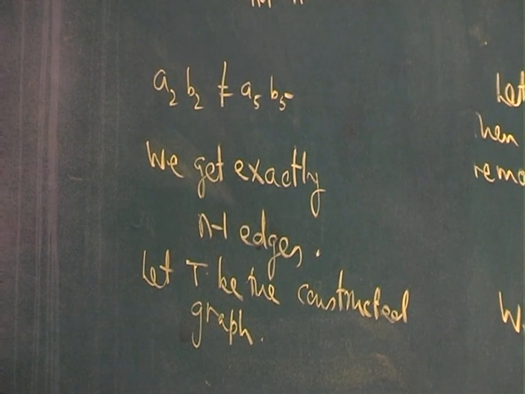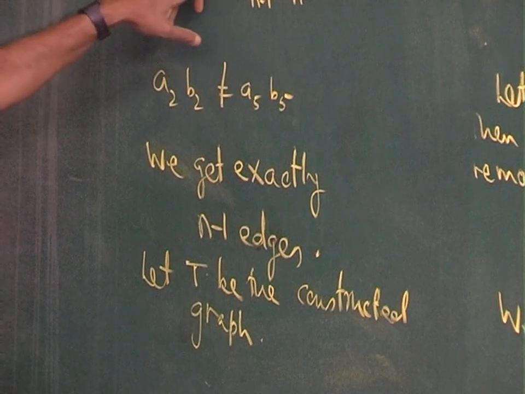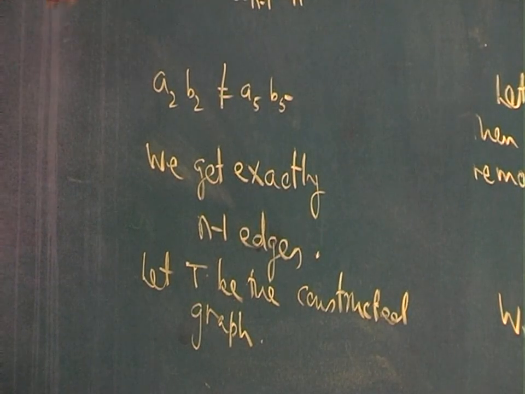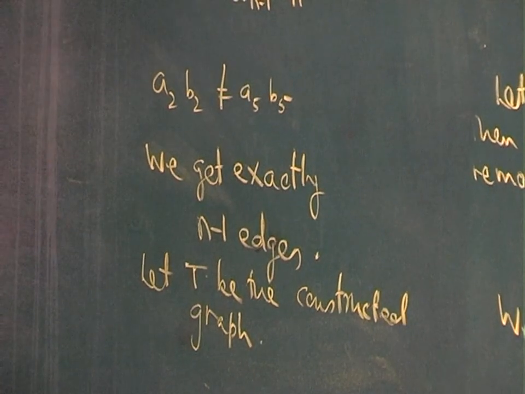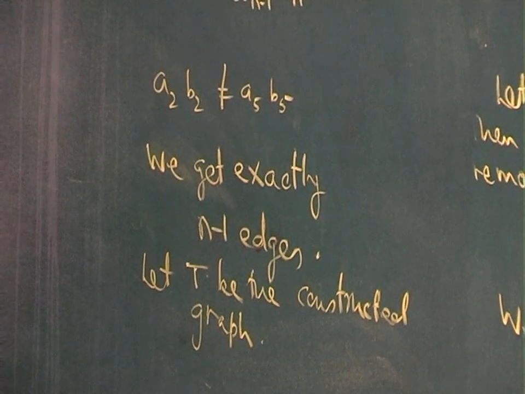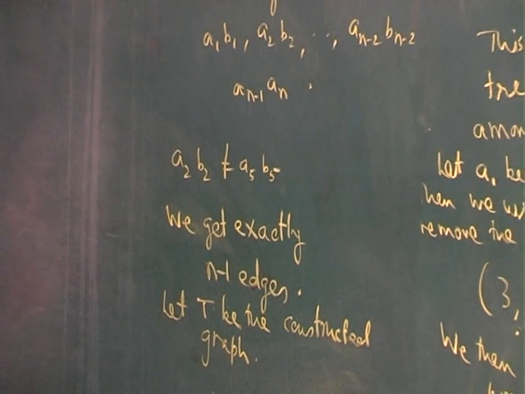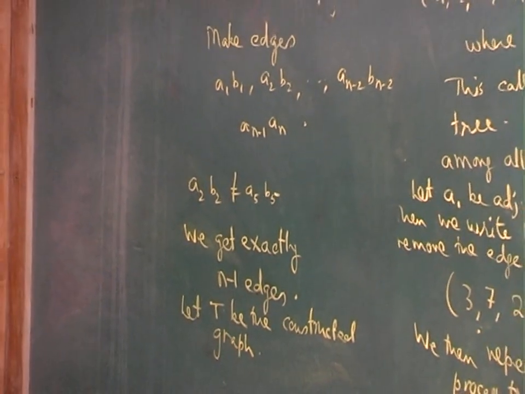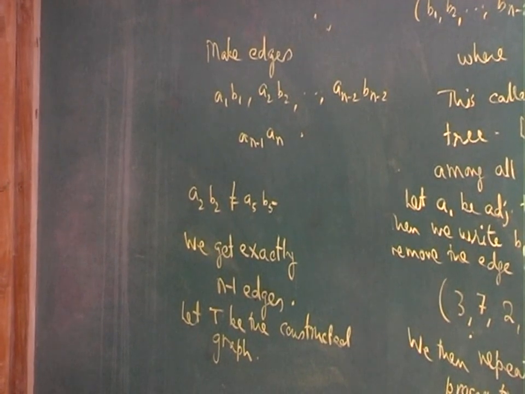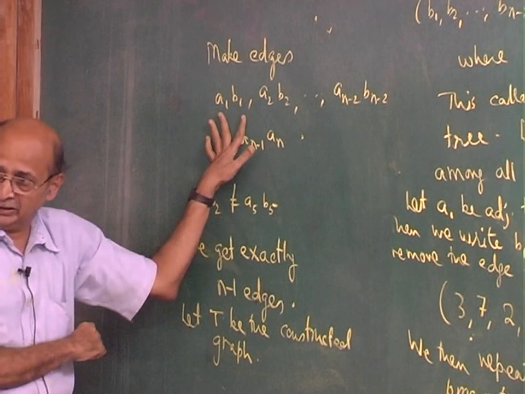Look at this. There cannot be a cycle that contains A1, impossible. Why is that? Because the degree of A1 in T is equal to 1. A1 has degree equal to 1. How can there be a cycle that contains A1? Its degree will have to be at least 2. If there is no cycle that contains A1, then there cannot be a cycle which uses the edge A1, B1.